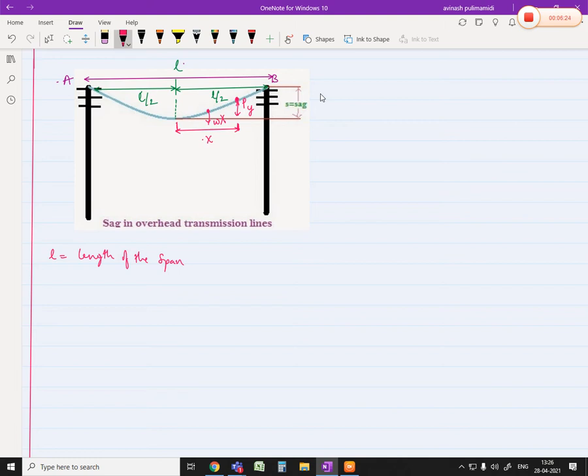W is the weight of the conductor per length. T is the tension in the conductor.